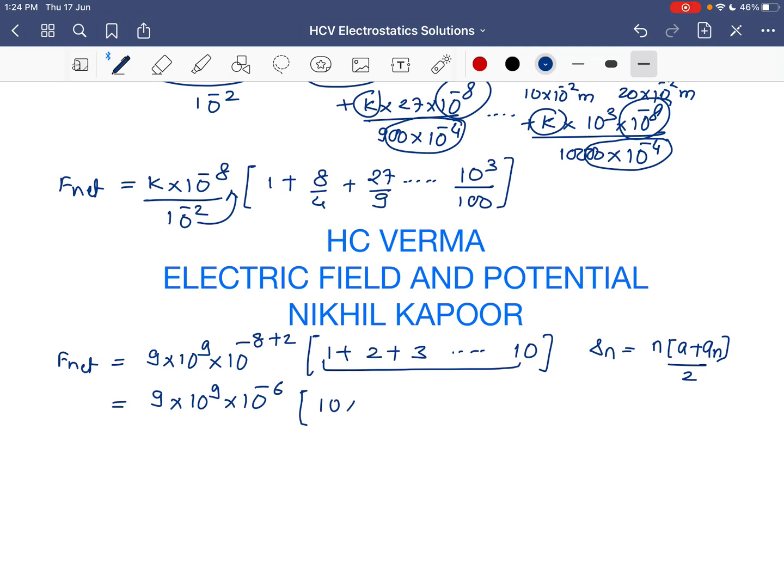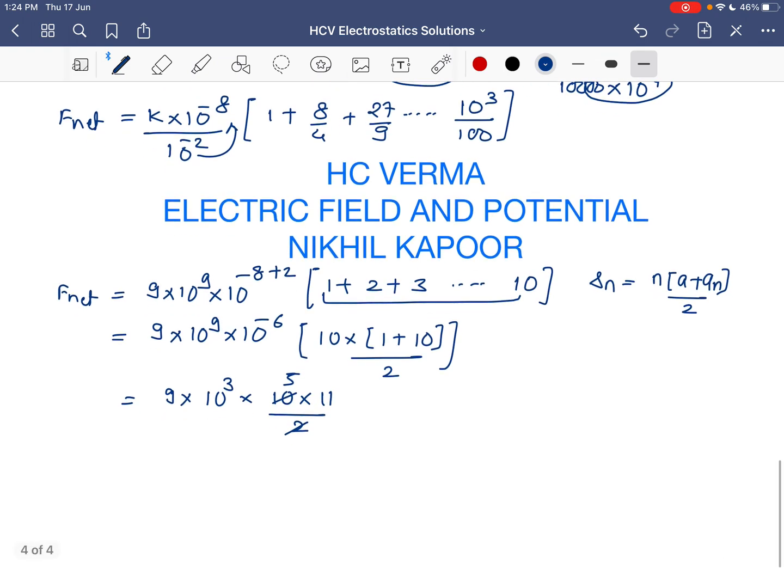There are a total of 10 terms, so 10 into first term 1 plus nth term 10, divided by 2, which is 10 into 11 upon 2, and that comes out to be 495 into 10 to the power 3 Newton.